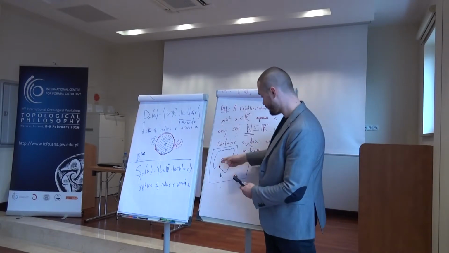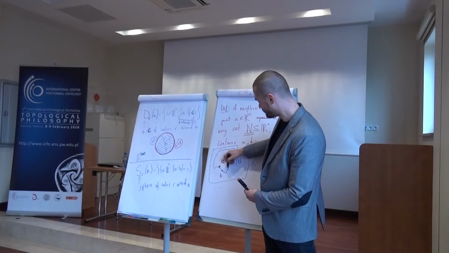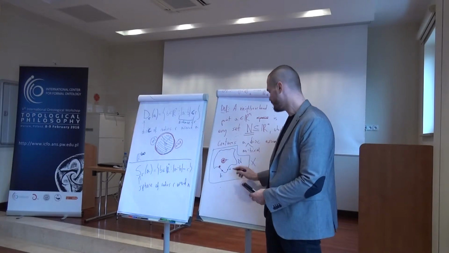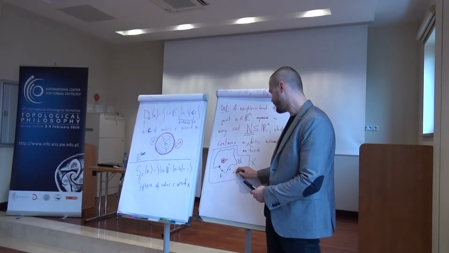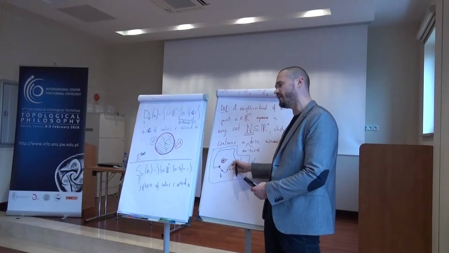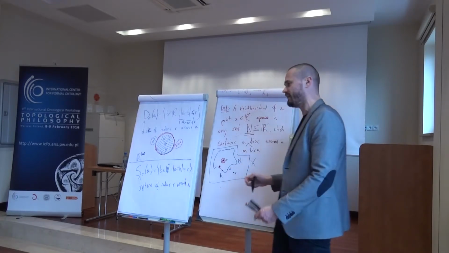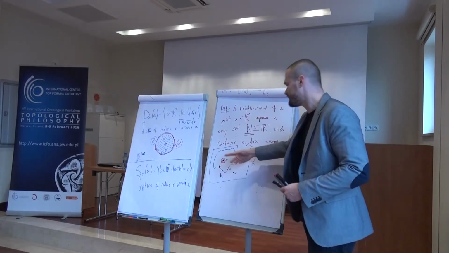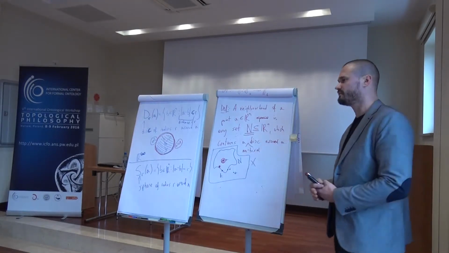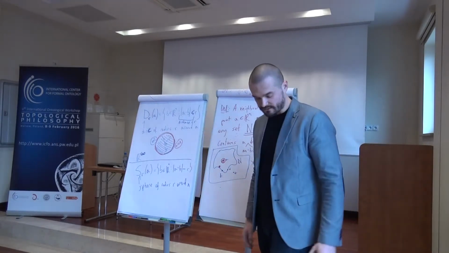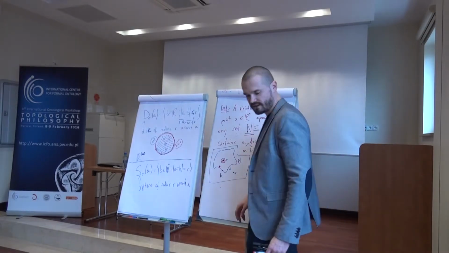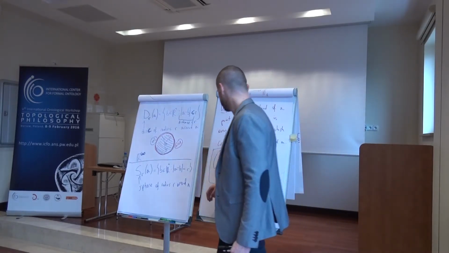If A was here, as B is, then it wouldn't be a neighborhood. And also if A were here, N wouldn't be a neighborhood of A. A has to be inside of N, in other words. Right, and now maybe the definition of topology.